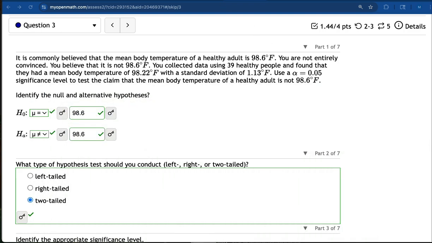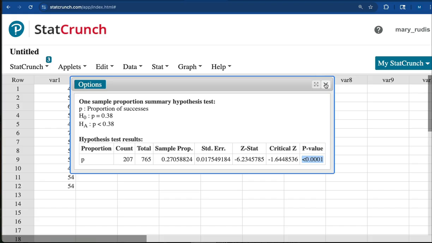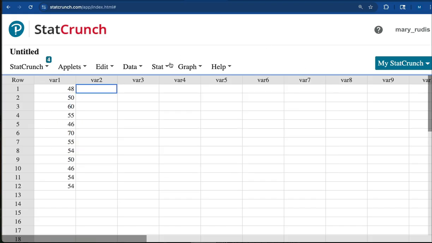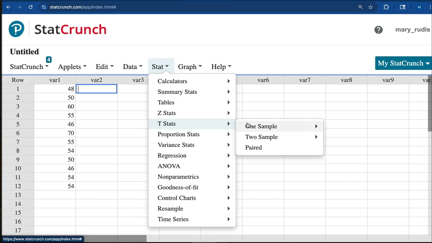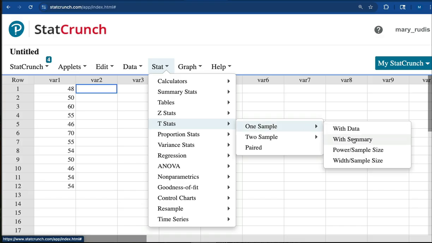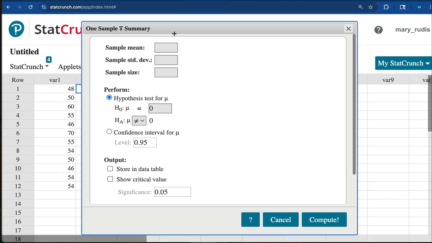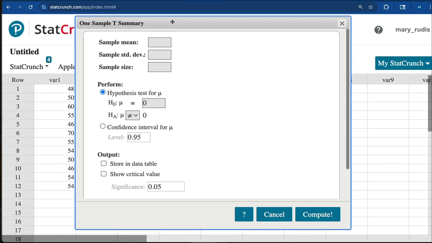So let's flip over to that. And again, we don't know what the population standard deviation is, so we're going to go to the stat menu and we're doing T-stats again. This time we have one sample with summary. We do not have the actual data. One sample with summary. So our sample mean, I'm just copying from that document that I typed onto, so 98.22.